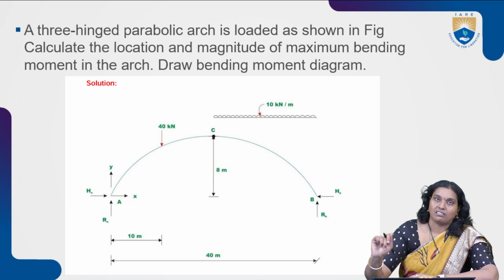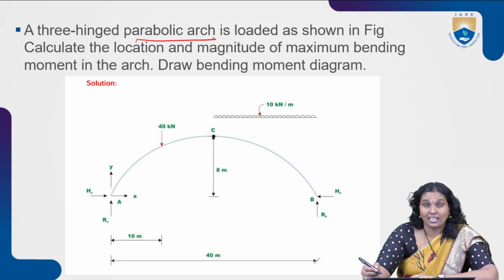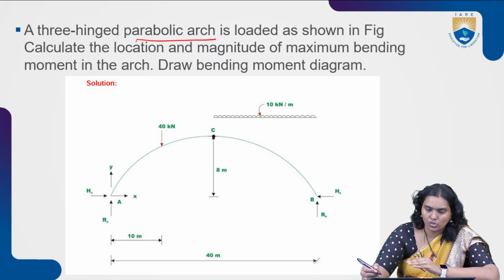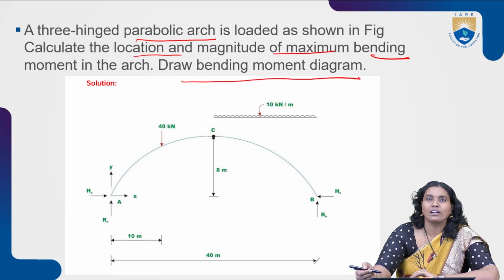Now similarly, a three-hinged parabolic arch. Previously we understood the semicircular arch. So here the three-hinged parabolic arch is shown in the figure. Calculate the location and magnitude of the maximum bending moment of the arch. Draw the bending moment diagram.